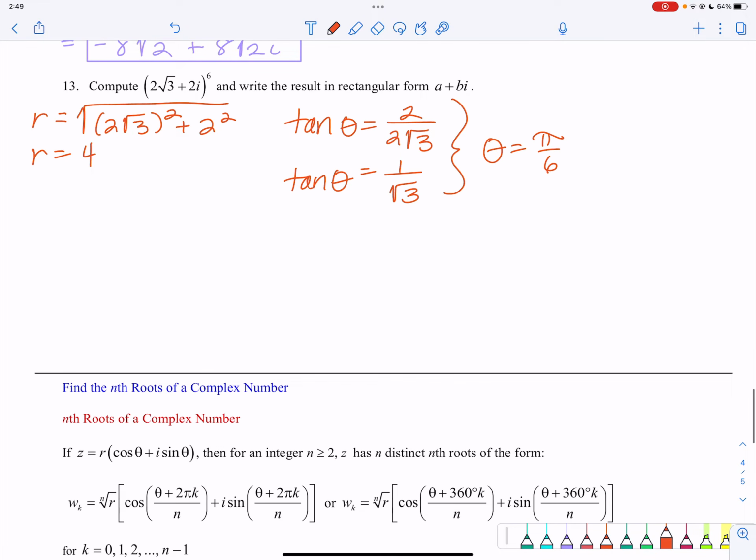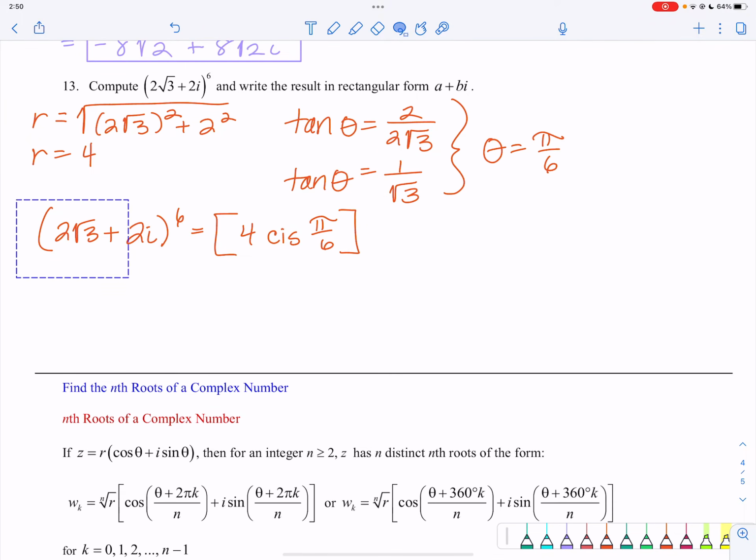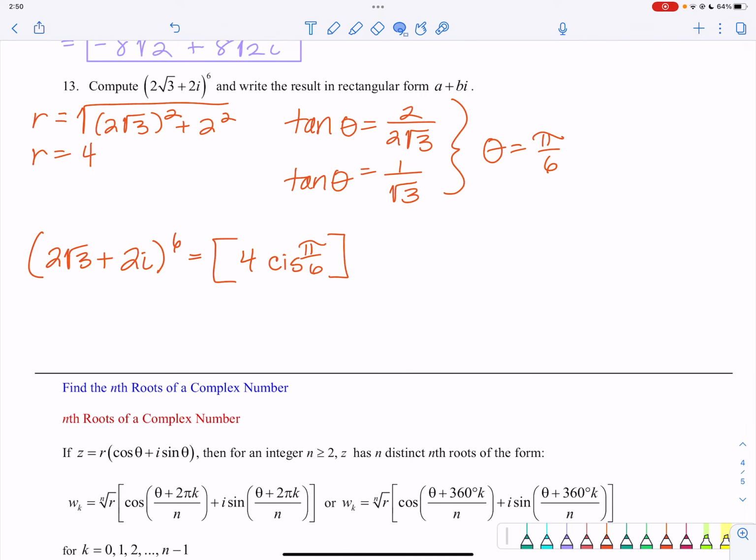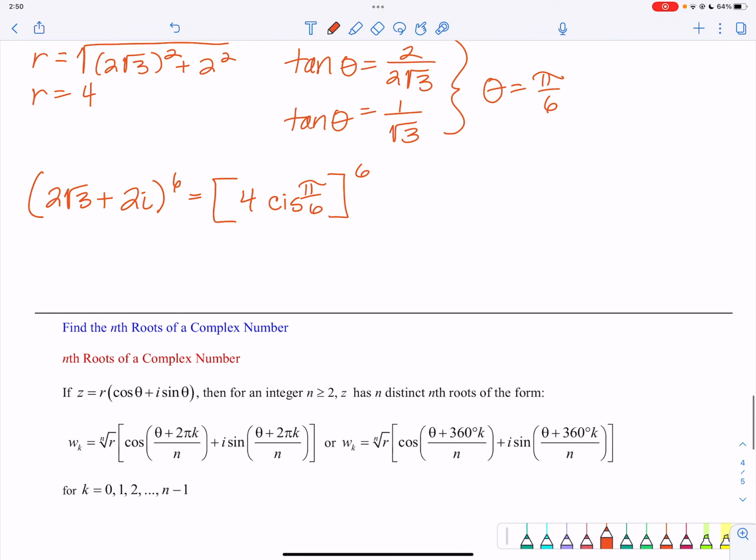So now, using DeMoivre's form, we have our theorem: 2 root 3 plus 2I to the 6th power is equal to 4 cis pi over 6 raised to the 6th power, and that's equal to 4 to the 6th cis 6 times pi over 6.